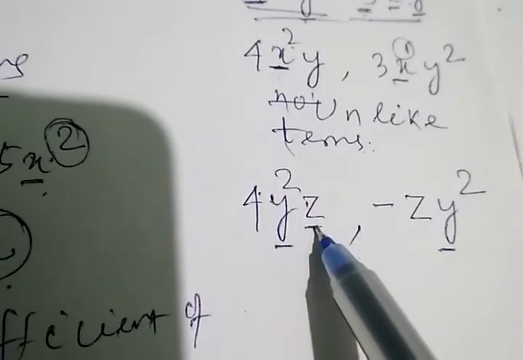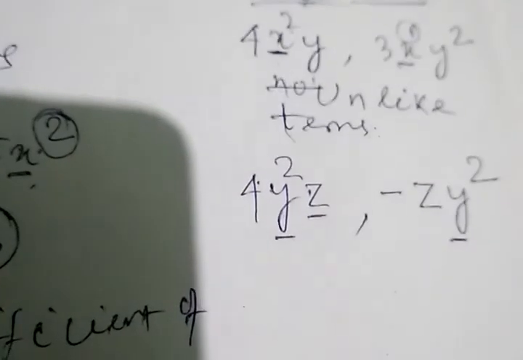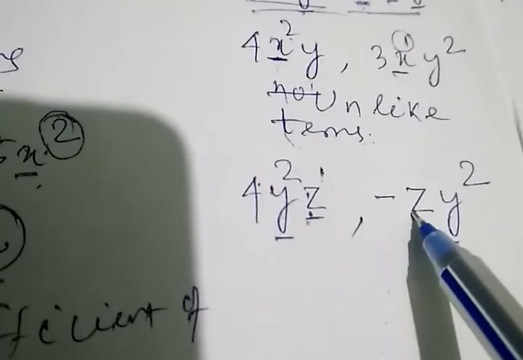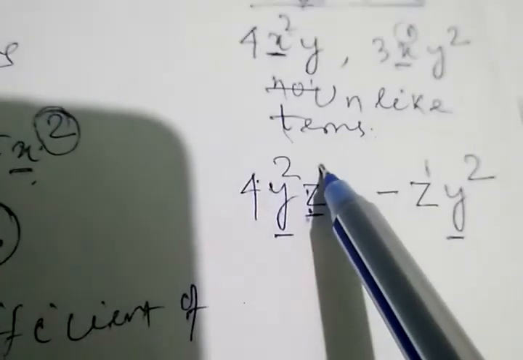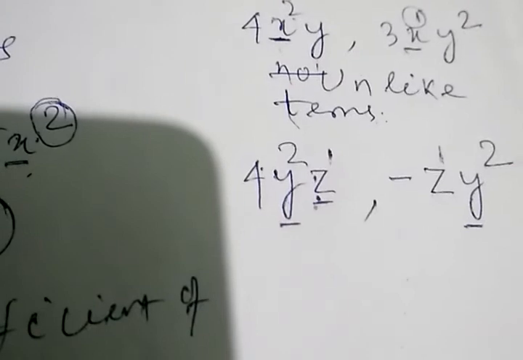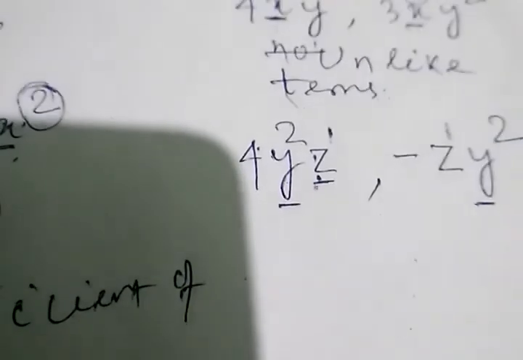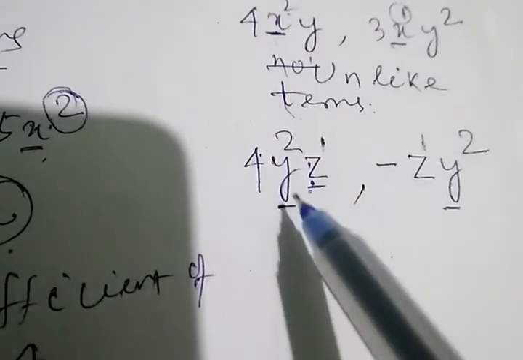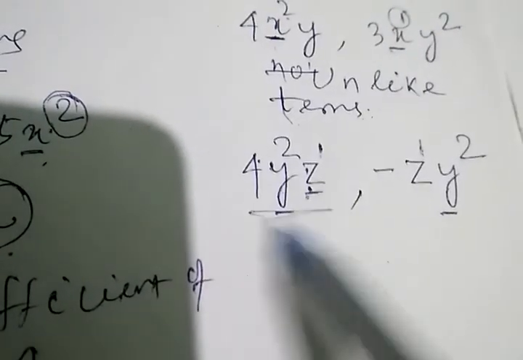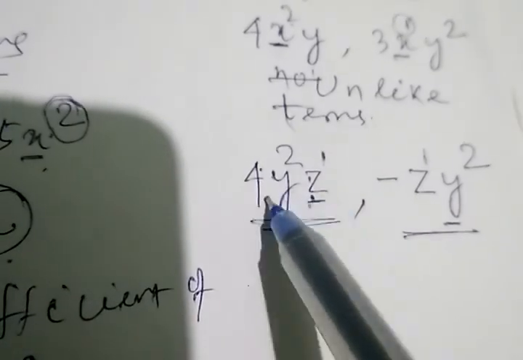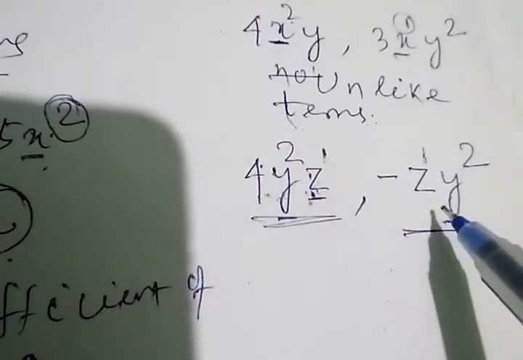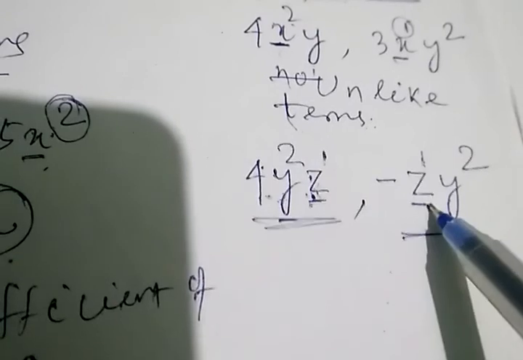Here variable is z, exponent is 1, and here variable is z, exponent is 1. So these are like terms, but the positions of the variables are interchanged. Here first y and here first z.